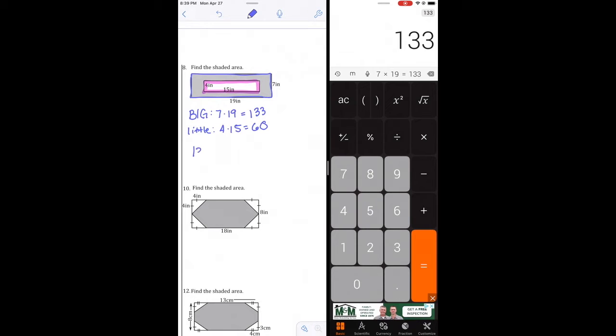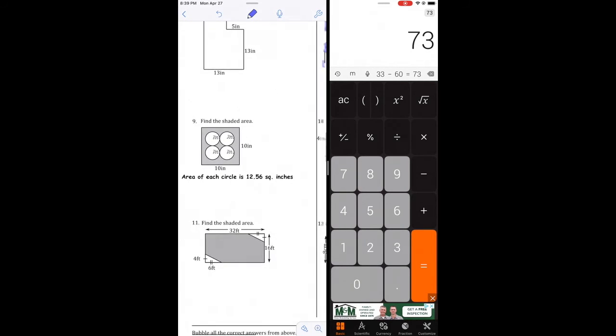I need to do 133 minus 60. That comes out to 73 inches squared. So I took the area of the big blue rectangle minus the area of the little pink rectangle, and what was left over was that gray donut. So that's how you can do a problem like that with a missing space in it.